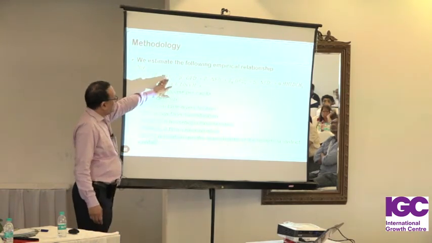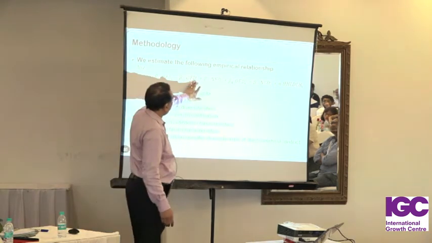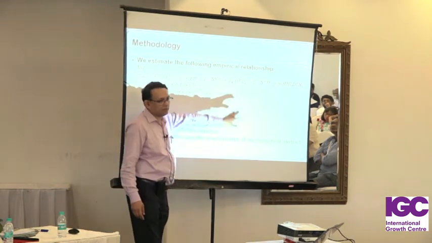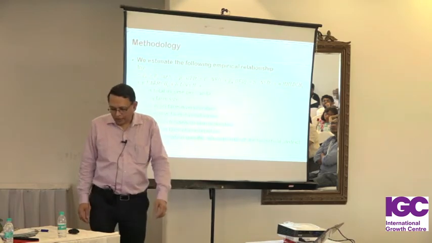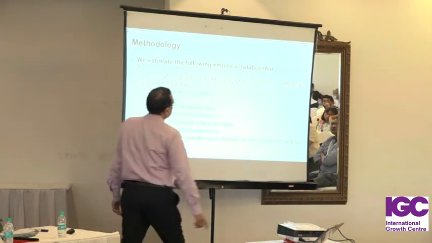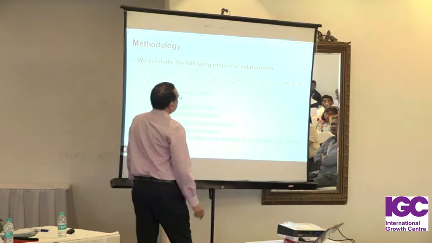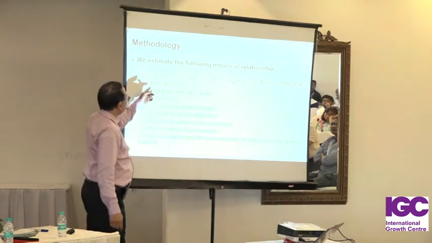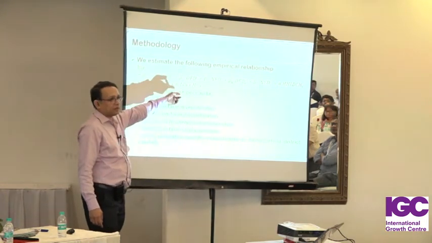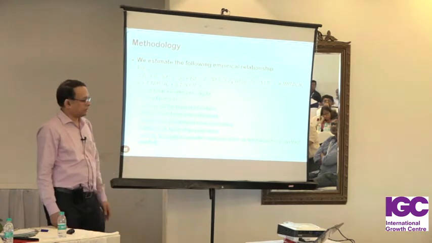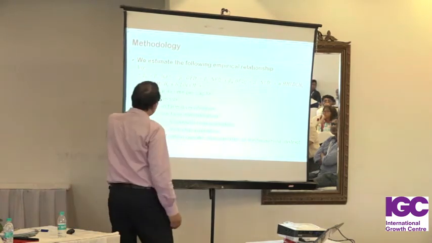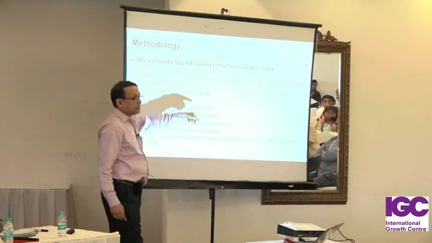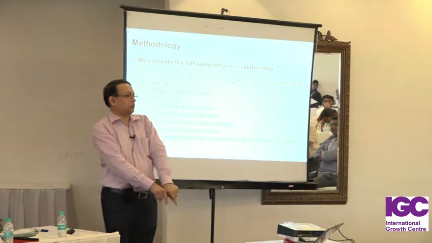So what we do is we estimate an empirical relationship of this nature: log y on farm size, farm diversification, non-farm diversification, and their square terms, then a bunch of household characteristics, farm characteristics, and locational characteristics. Now these locational characteristics are specific to that household.